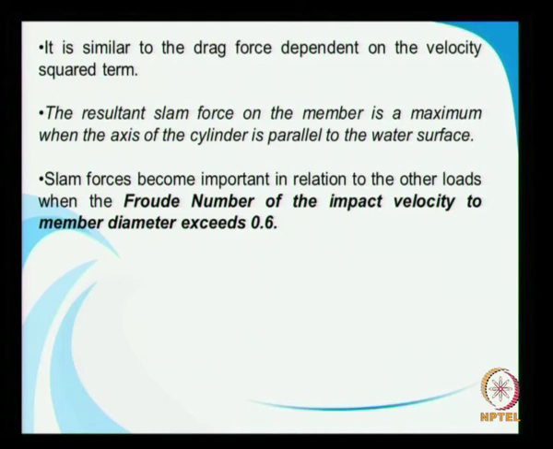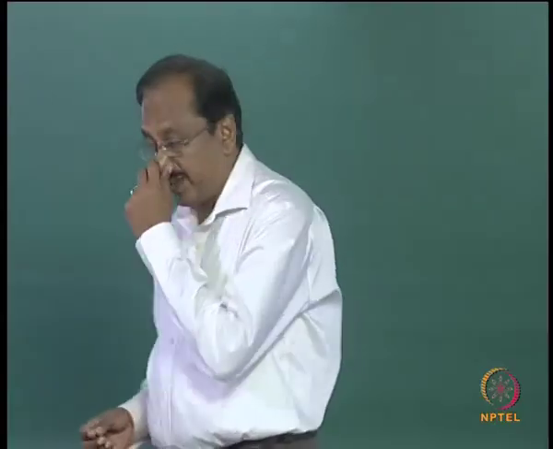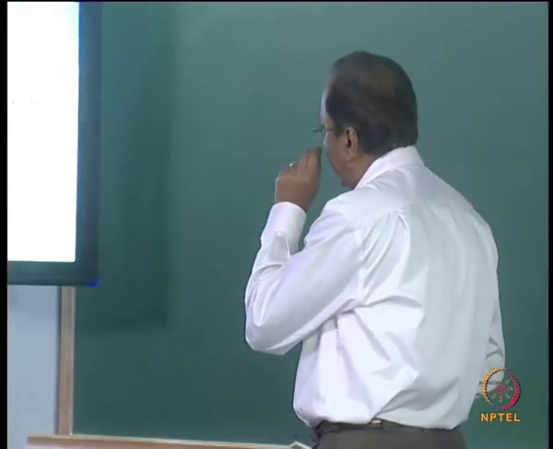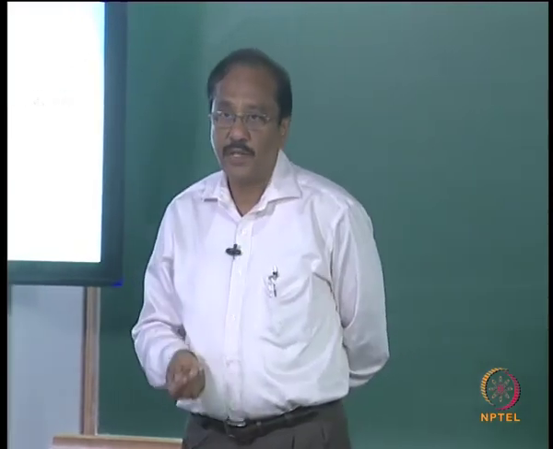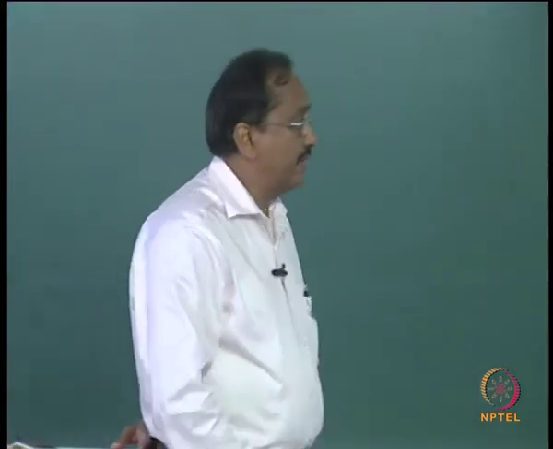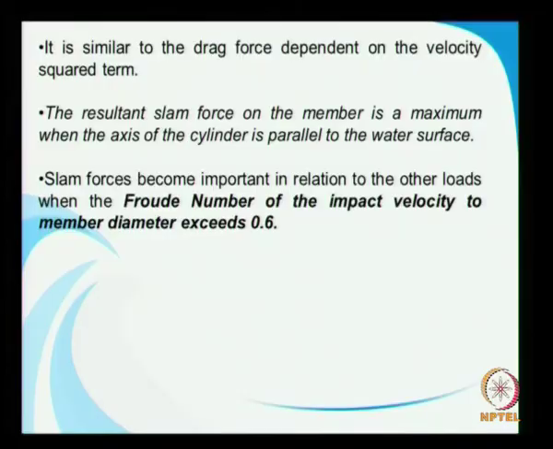Slam force becomes more important in relation to other loads particularly when the Froude number, calculated based on the impact velocity to the member, exceeds 0.6. Then it is extremely important to consider the impact loads or slamming forces.